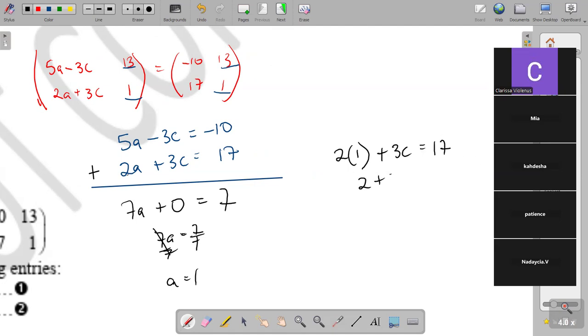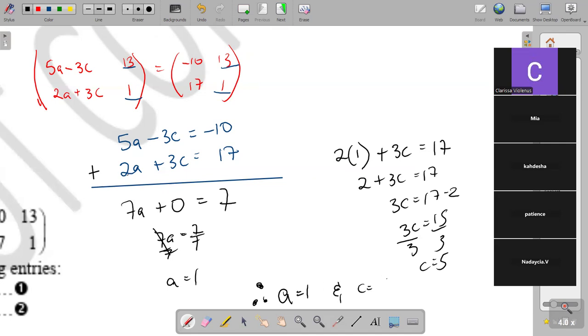So 2 plus 3c is equal to 17. I transpose, carry this over. 3c is equal to 17 minus 2. 3c is equal to 15, divided by 3, divided by 3. C is equal to 5. So what's my final answer? Therefore, A is equal to 1 and C is equal to 5.